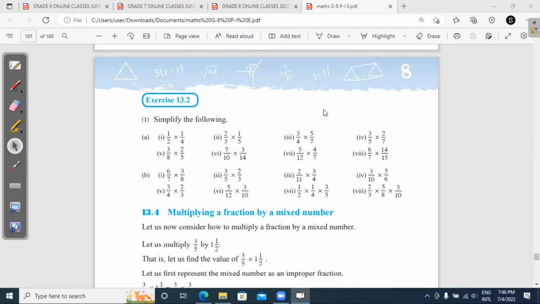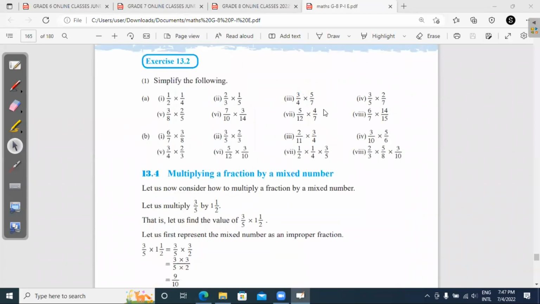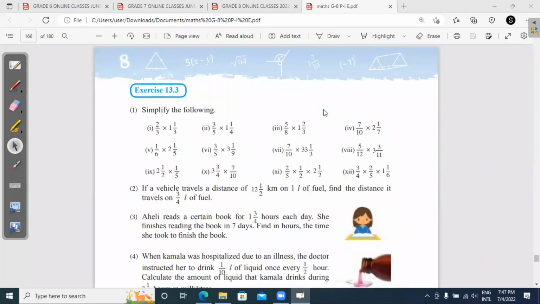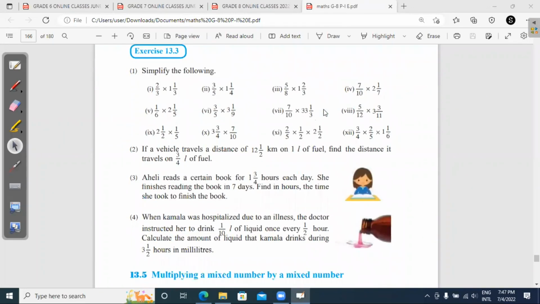Then we will consider multiplying a fraction with a mixed fraction. It's about 13.3. If we are going to multiply a fraction with a mixed fraction, the same method that we discussed earlier should be applied. But more than that, we have to do something more to reach the answer.